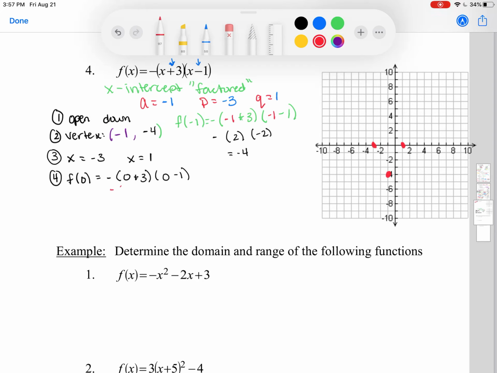I want to do a quick solve. This gives me a 3, and this is a -1. Simplify one last time, and I'll have a +3. So at 0, +3, I will have my y-intercept.